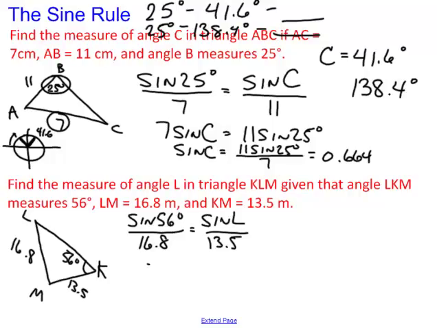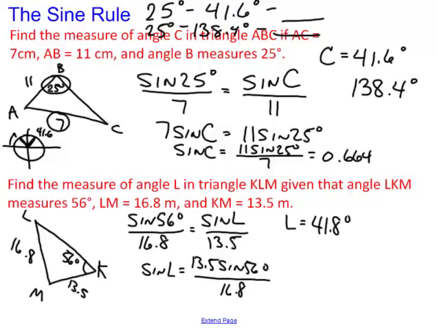Solving for the sine of L, I'm going to skip a couple of steps and go right to what we get. It'd be 13.5 times the sine of 56 degrees all over 16.8. Calculating that and solving for L, L ends up being 41.8 degrees.